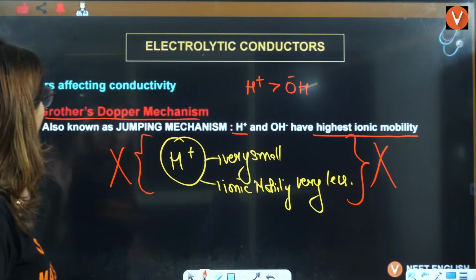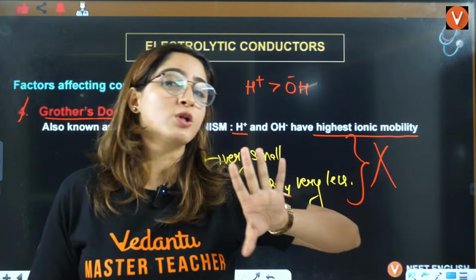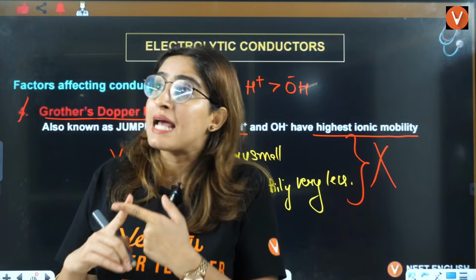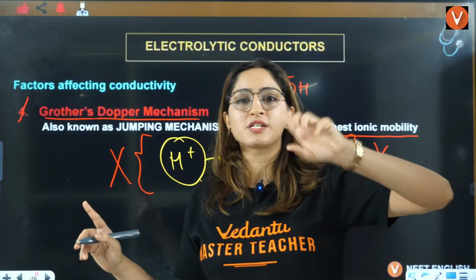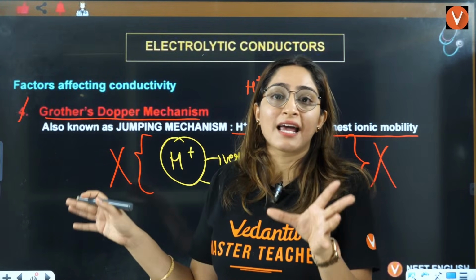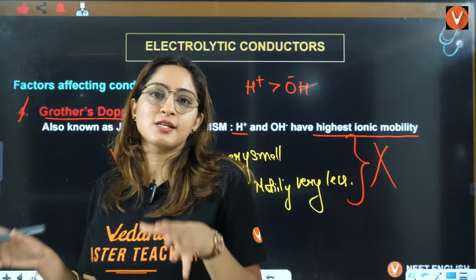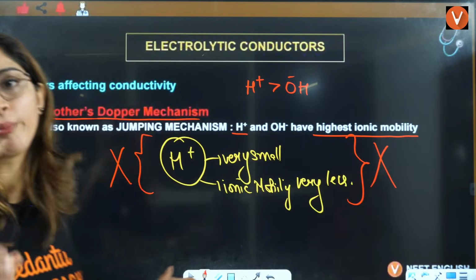That's where a proper mechanism comes in, that is the Grotthuss mechanism. They can ask you which of the following has the highest ionic mobility. Those students who don't know that this is the exception will directly ignore H+ because it is the smallest size. Yes, it is the smallest size, but the exception is that even then it has the highest ionic mobility.